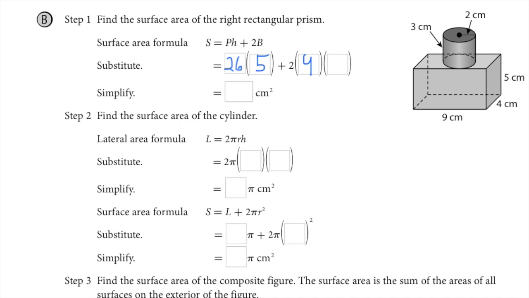Then we're going to add in the 2 faces, top and bottom faces of the prism, which are 9 by 4 rectangles. Simplifying that out, we have 130 for the first piece plus 72, and so 202 centimeters squared.